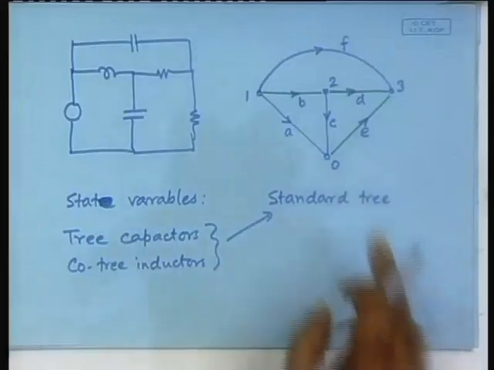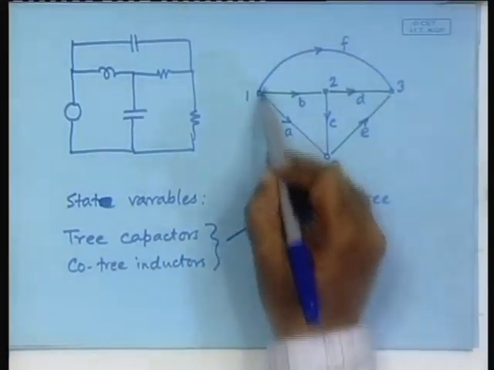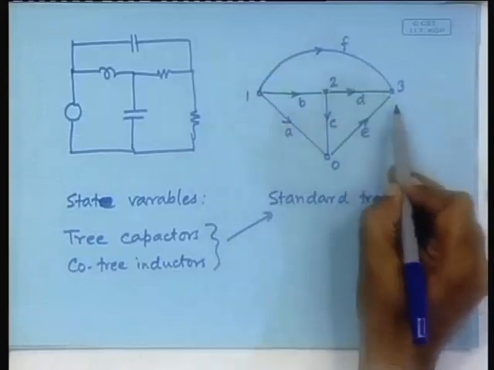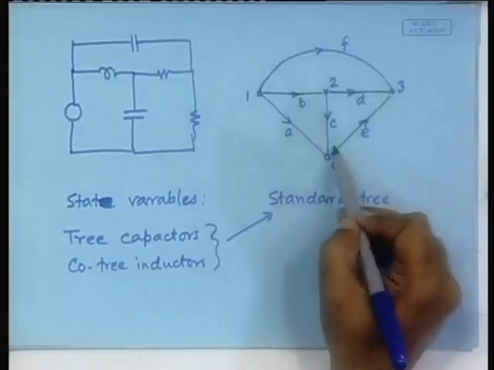Fine. So, that is our starting point. We had identified this as the standard tree and the other one as a co-tree.